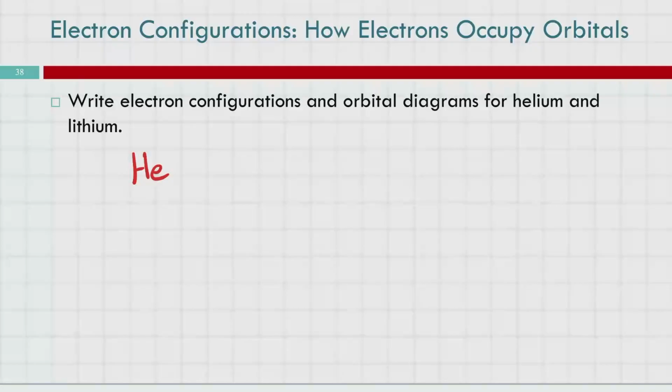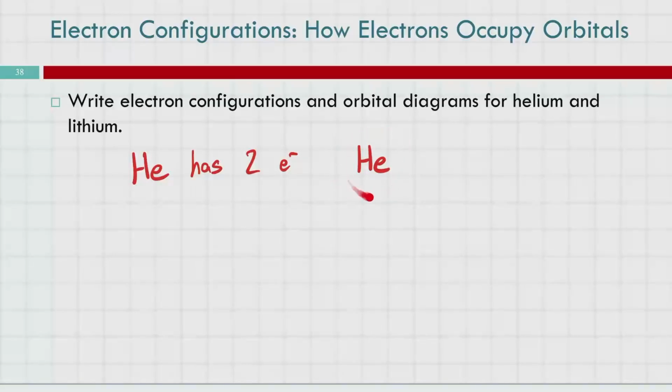He has 2 electrons. He for helium. So helium has 2 electrons because it's got that number of 2 in the top right corner for the periodic table in class. On our yellow sheet, I think it's directly above the symbol.